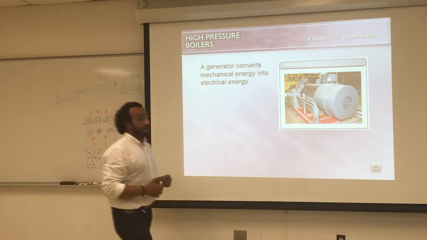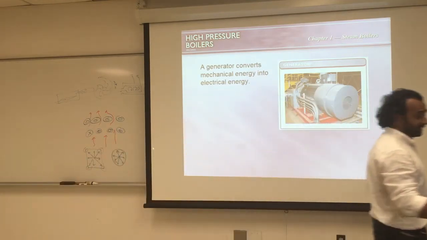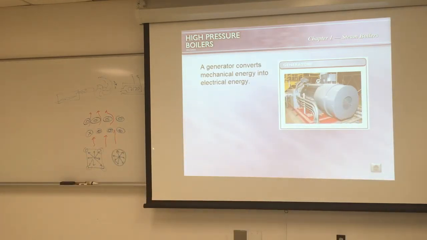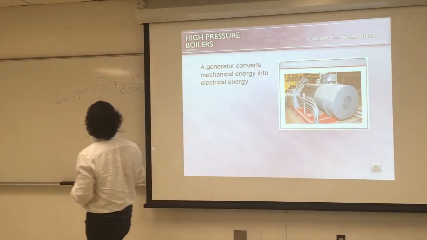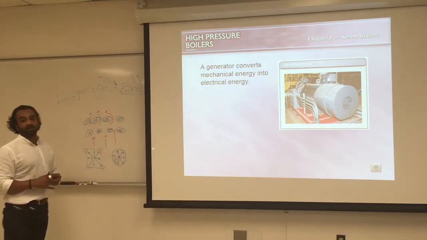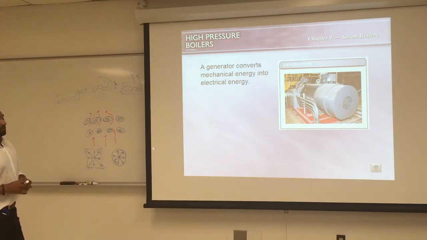This is how we produce electricity these days on mega scale. No matter where you go for any big power plant, they are using this technology. It's not simple, but it's very common, and it has not changed since, I don't know, the 20s. It's been there forever.